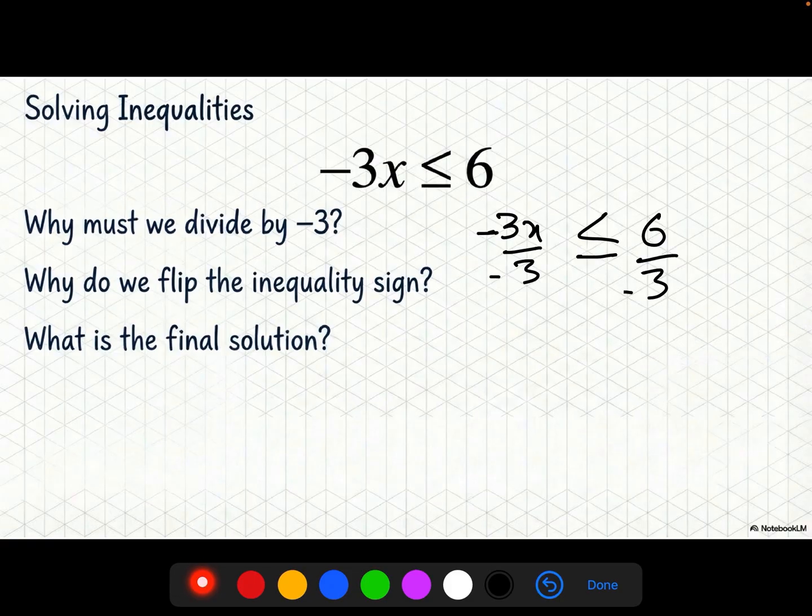When you divide or multiply an inequality by a negative number, you must flip the inequality sign. So now x is smaller or equal to minus 2. Final answer, x is smaller or equal to minus 2, meaning x can be minus 2 or anything smaller.